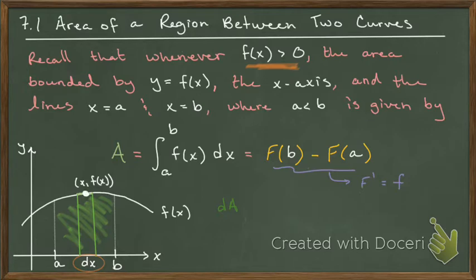The area of that rectangle is the height of the rectangle, which is f of x, times the width dx, okay? And instead of adding all these up discretely, what we're able to do is take an integral, integrate dA, to find the area of the entire region. We integrate dA from a to b, and that's just integrating f of x dx, okay?